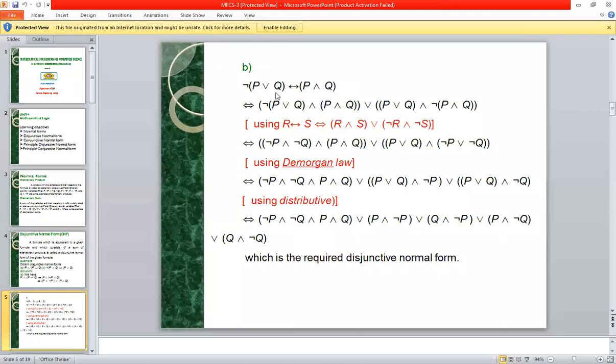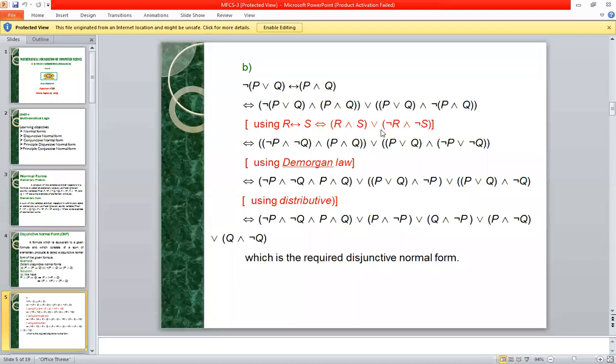The given statement formula is equivalent to the following. If the biconditional is R biconditional S, this can be written as (R and S) or (negation R and negation S).